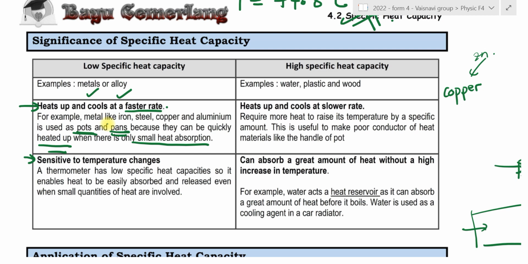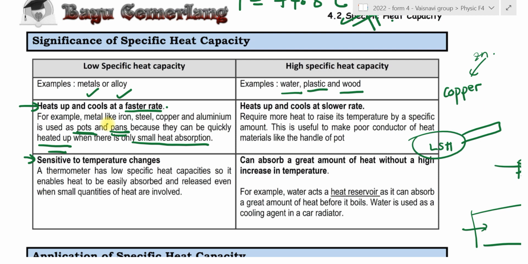Kalau high specific heat capacity, normally water, plastic, wood, heat up and cool at a slower rate. They require more heat to raise the temperature by a specific amount. This is useful to make poor conductors of heat, like the handle of the pot. The body must be low specific heat capacity.